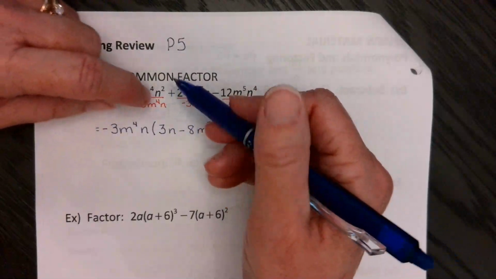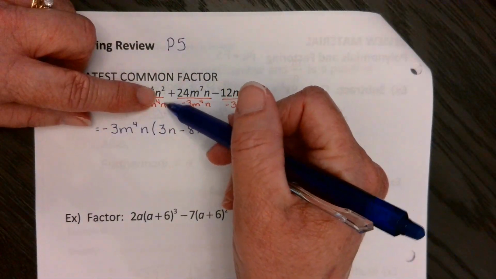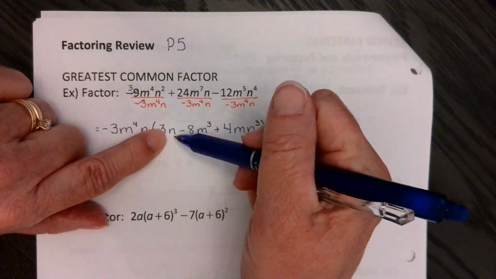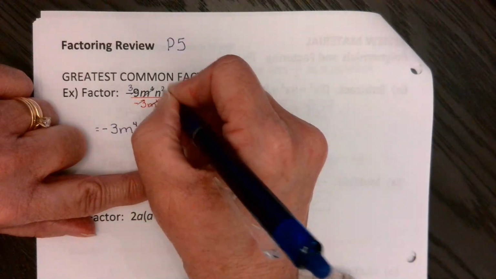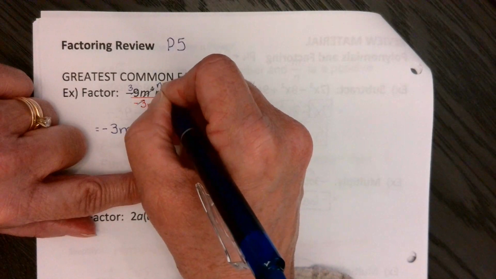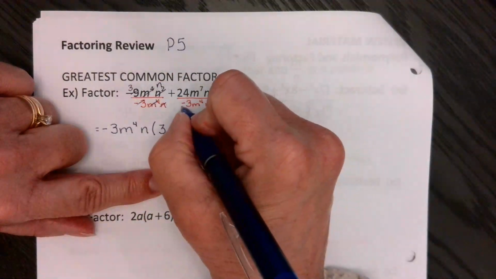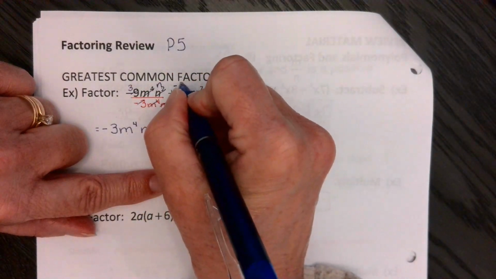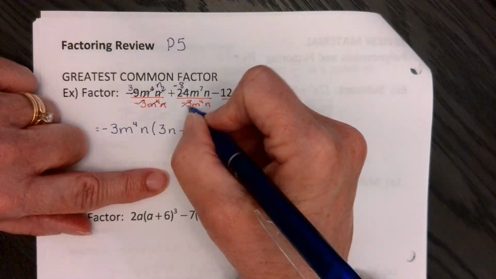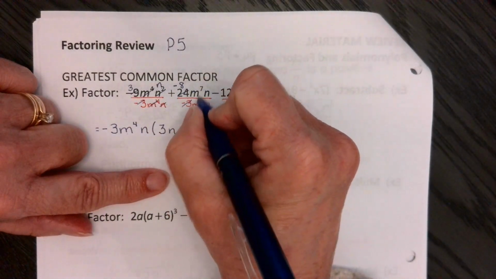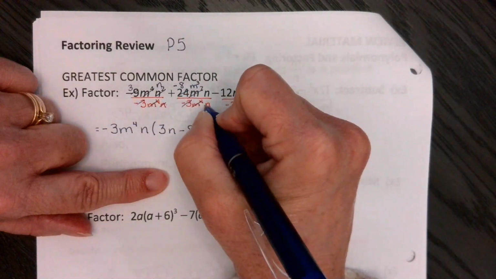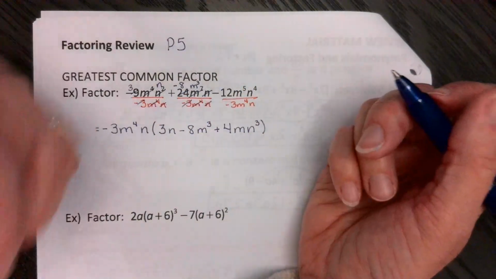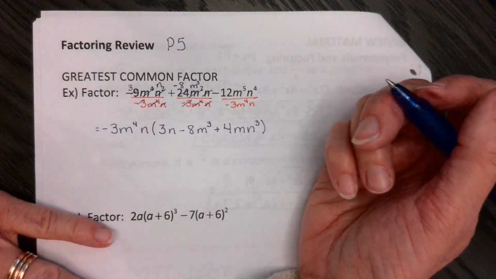You don't have any left over. And here you have 1n left over, so it's just 3n. These cancel, and subtract your exponents, and you're left with n, so you have 3n. Right here, 3 goes into 24, -8 times because it's negative. Subtract your exponents, and you get m to the 3rd. Subtract your exponents, and you get 0, so it's just n to the 0 power, which is 1.